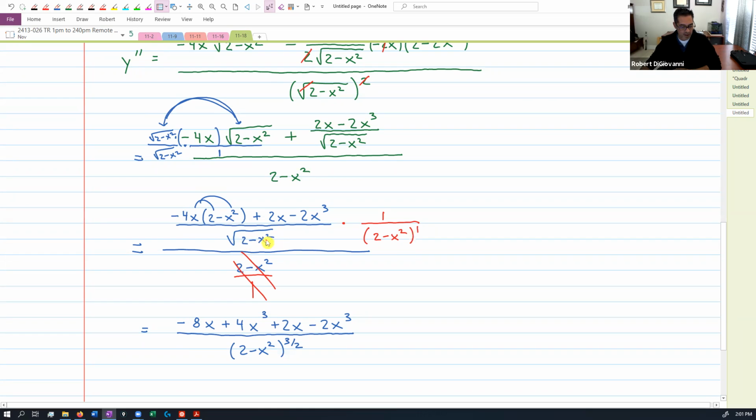And this is 2 minus x to what power? 2 minus x squared to what power? The half. The half. And so I put the two together to create a 2 minus x squared to the 3/2. So I'm really just rewriting this one as this to the half. And then I'm multiplying those two together, which means you add their exponents, which gives you 3/2.